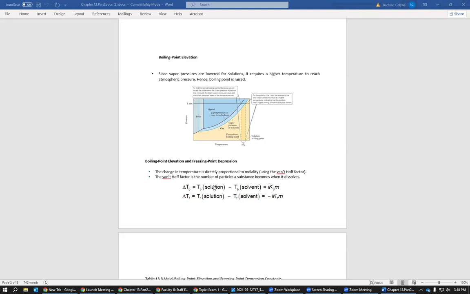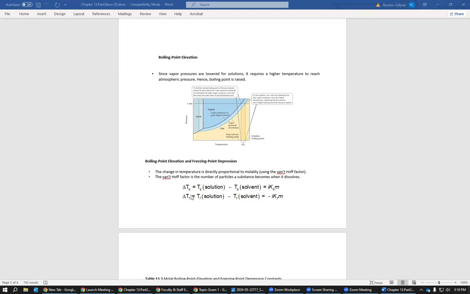So delta TB, the boiling point of the solution minus the boiling point of the solvent, is equal to i, the van't Hoff factor, times Kb, the boiling point constant. Each solvent will have a different boiling point constant, times molality. Molality is moles of the solute divided by kilograms of solvent, right?